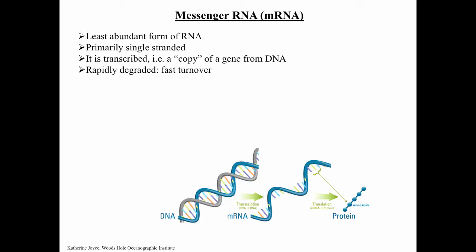Why do you guys think that could be? Why is messenger RNA rapidly degraded? Because of the exon and intron? You know, that could certainly be part of it. Certainly there are enzymes that excise exons and introns, so messenger RNA is very accessible to enzymes.